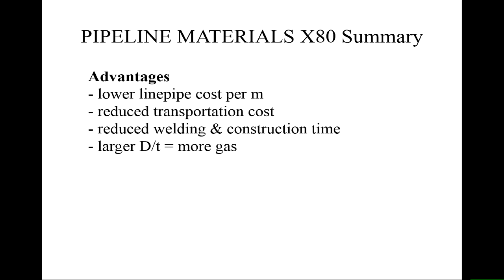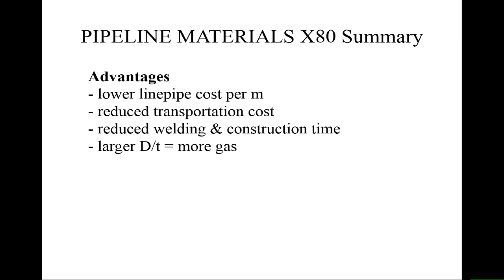Also, because you use smaller cranes, it's easier to manipulate the lighter weight pipes. And as I said, the thing that the accountants often like is the larger diameter to thickness ratio, which tends to mean you can get slightly more gas through the pipe, and that means more money can be made for the same pipeline.